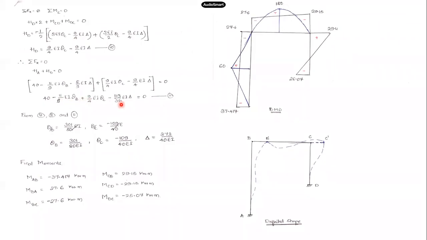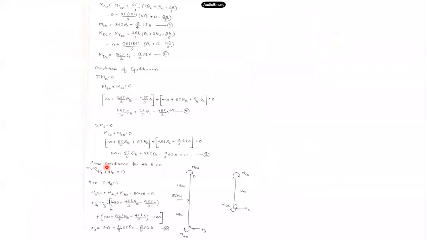So if I consider these 3 equations, 2 from the condition of equilibrium and 1 from the shear condition, I'll be able to solve for the 3 unknowns, theta B, theta C and delta. And from that, we'll be able to calculate the moments in the frame. So that is how the sway analysis procedure goes.